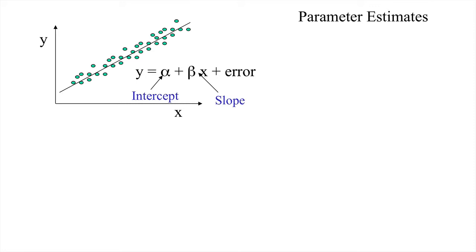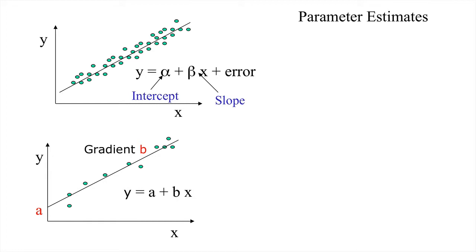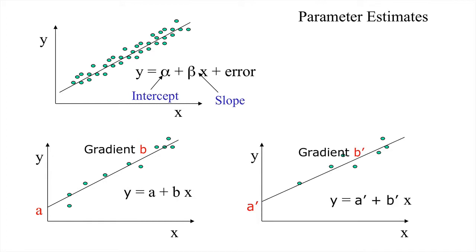Something else you should know. So imagine this is the population, and one time we collect some sample data and estimate the line of best fit through a and b, and of course that's an unbiased estimator of alpha and beta. But next time we do it, we almost certainly will not get exactly the same estimates of alpha and beta. Let's call those a dash and b dash.